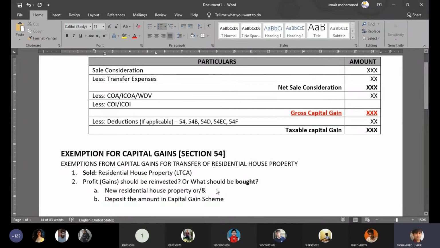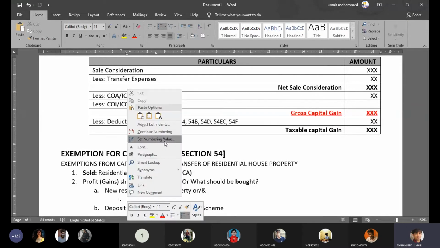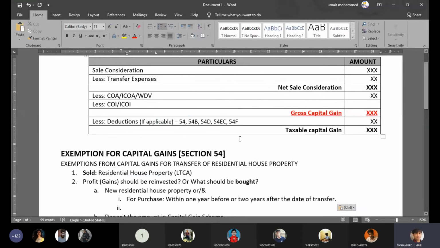The choice is yours. Now the question is, what is the duration given for buying the new house property? How long should you take? That is also something you have to remember. If you want to purchase a new house property, the timeline given is, for purchase, 1 year before or 2 years after the date of transfer.